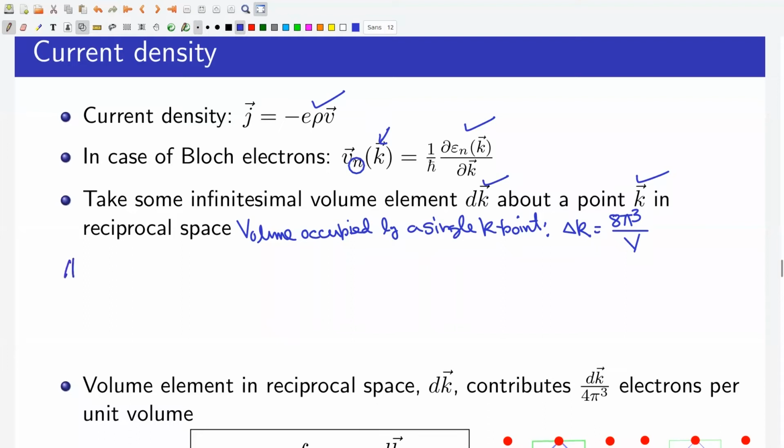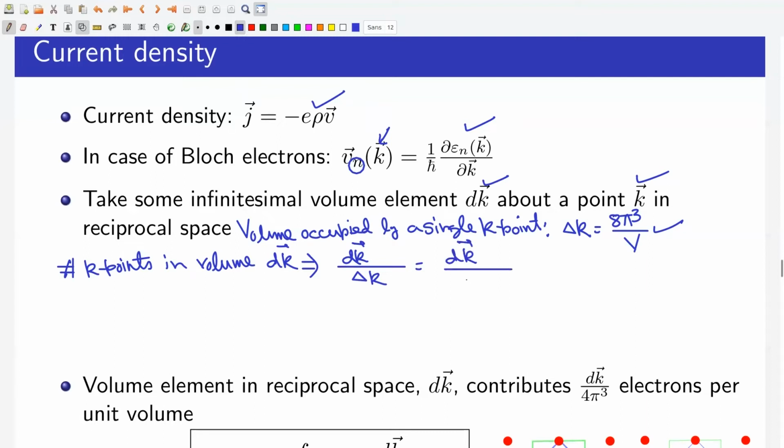The number of k points in volume dk is dk divided by the volume occupied by a single k point, delta k, which is equal to dk divided by 8 pi cubed by V.